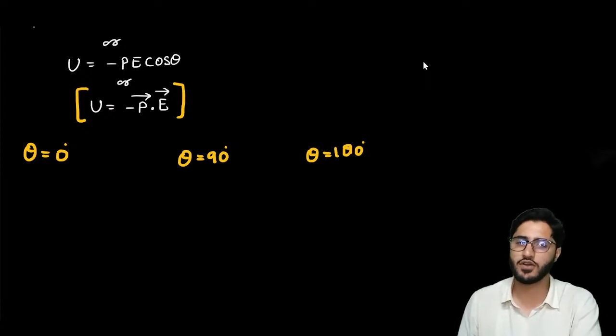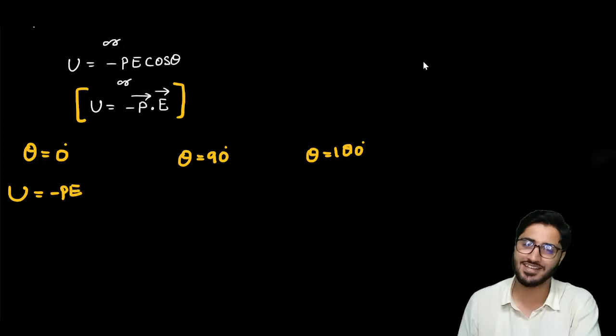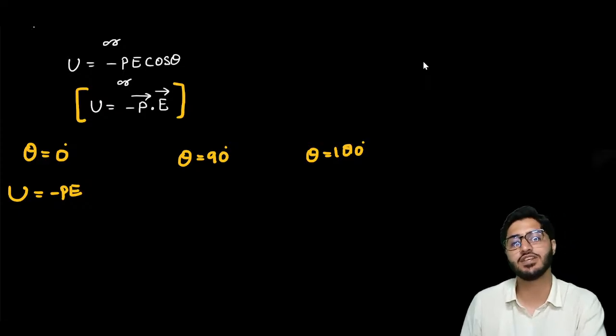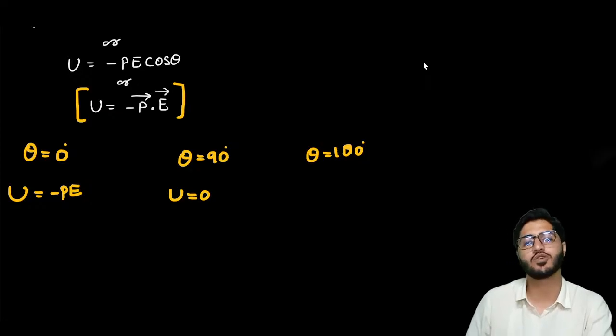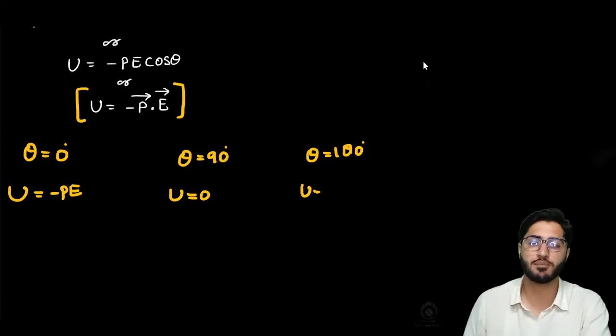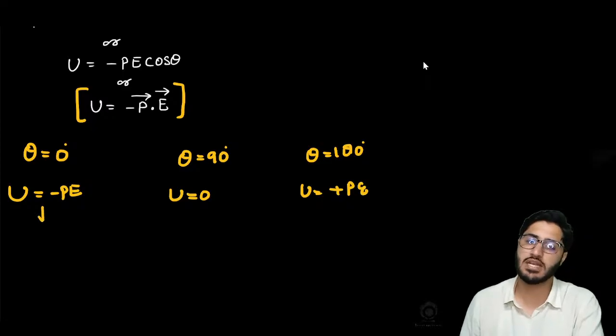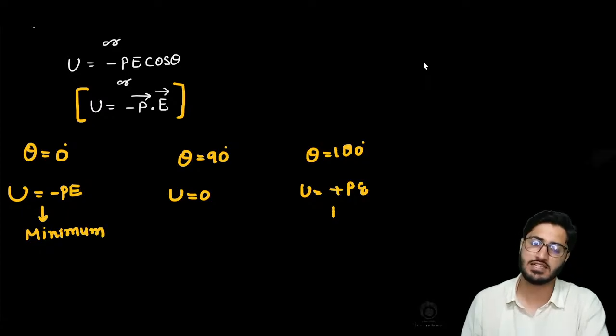If theta is 0, U came out to be minus P E. If theta is 90, U is 0. If theta is 180, cos 180 is minus 1, so U is plus P E. So this is my minimum value, and this is my maximum value.